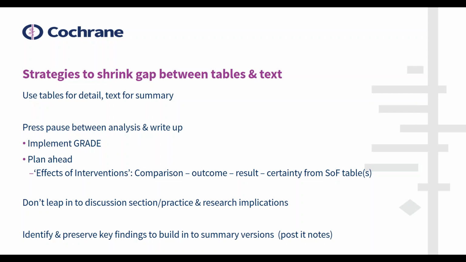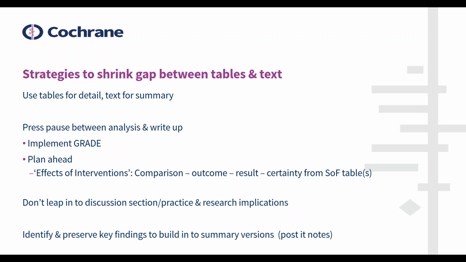So if you keep sight of what you've got, and you're able to recognize some of those key uncertainties or key features of the evidence base that might otherwise be lost, have a post-it note to hand.